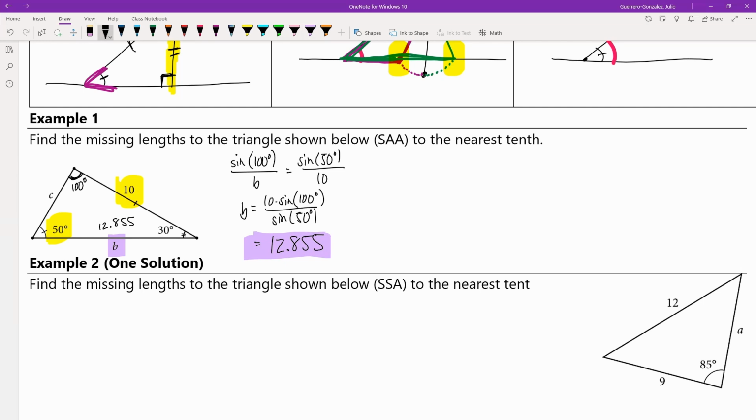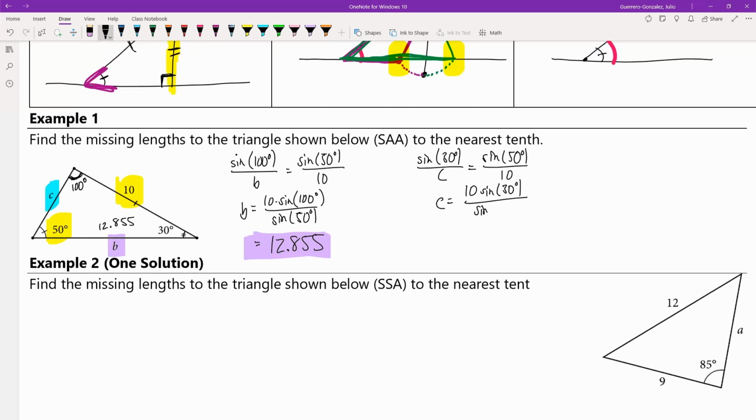Okay, next one. Let's say I wanted to find C, this one over here. Sine of 30 degrees over C has got to be equal to, I'm going to use the one that we were using just now, sine of 50 degrees all over 10. C, if you solve this out, 10 sine 30 degrees all over, oh, sine of 50 degrees.